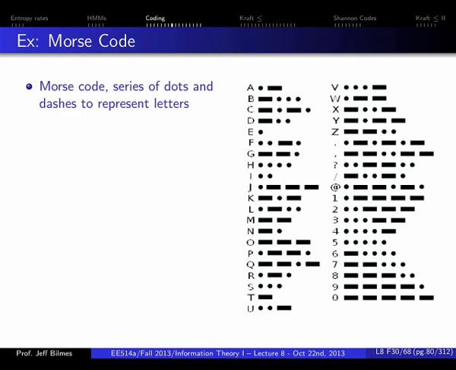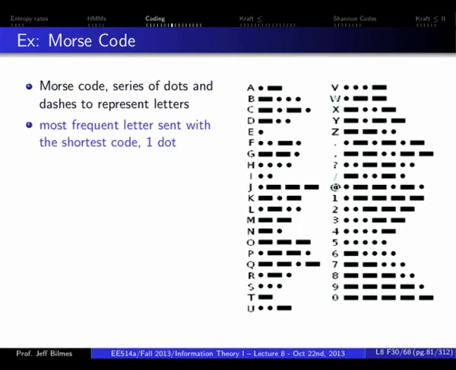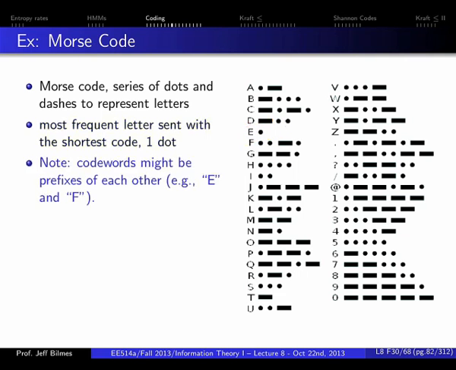What about Morse code? Everybody remember Morse code? Morse code is a series of dots and dashes. Here are the dots and dashes for Morse code. The most frequent letter is short with one dot, like E is very frequent, and so it's got one dot, whereas other, not so frequent things have long codes, like Q is a long code word. Oh, the space.